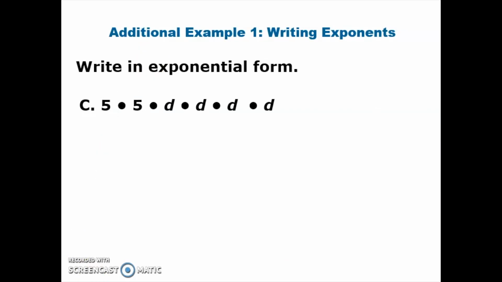Okay, so in our next problem, we notice that we have both numbers and variables being combined here. And so we want to write this in exponential form. Exponential form just means we're going to leave everything as an exponent. So what we'd first want to do is look at our numbers that are being multiplied, and we have 5, that's our base, and it's being multiplied 2 times, so we would have 5 to the 2nd power.